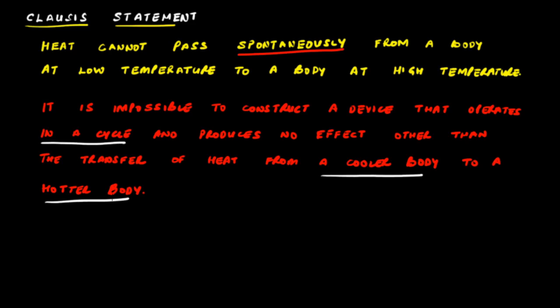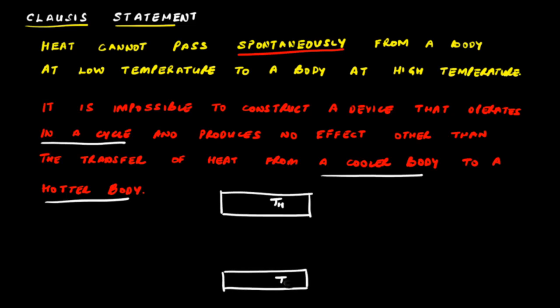To make sense of this statement, consider this diagram. So here is our hotter body at temperature TH, and here is the body at low temperature TL. The Clausius statement says that we cannot have a device that operates in a cycle and extracts heat from this low temperature body and rejects heat to this high temperature body without having any work input.